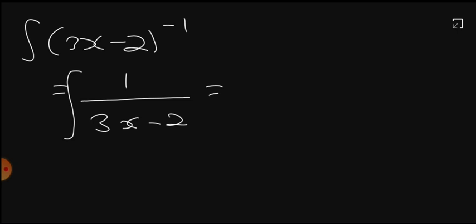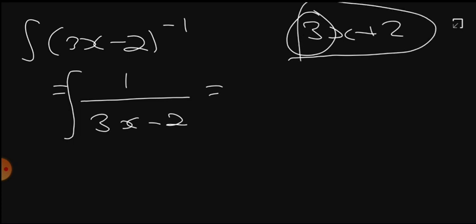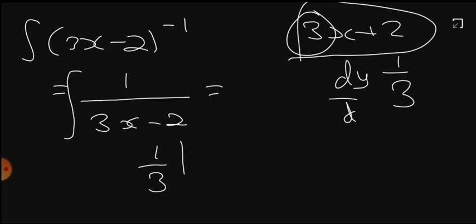So I'm going to introduce ln. The first thing that you must know is you've got a function of this form. So you need to take that into consideration. You need to differentiate this first. You know that d/dx of 3x minus 2 is 3. So this will be 1 over 3 ln bar 3x minus 2 bar plus c.